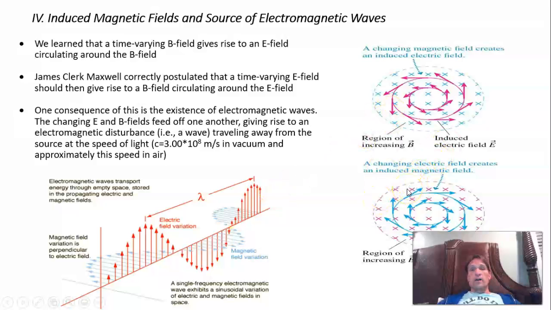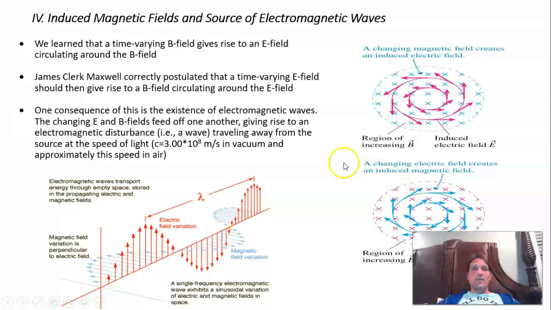Okay, so you couldn't predict electromagnetic waves using electromagnetic theory without the existence of this term right here, which says that the changing electric field induces a magnetic field. So that was never known before until Maxwell, based purely on mathematical grounds, predicted it.